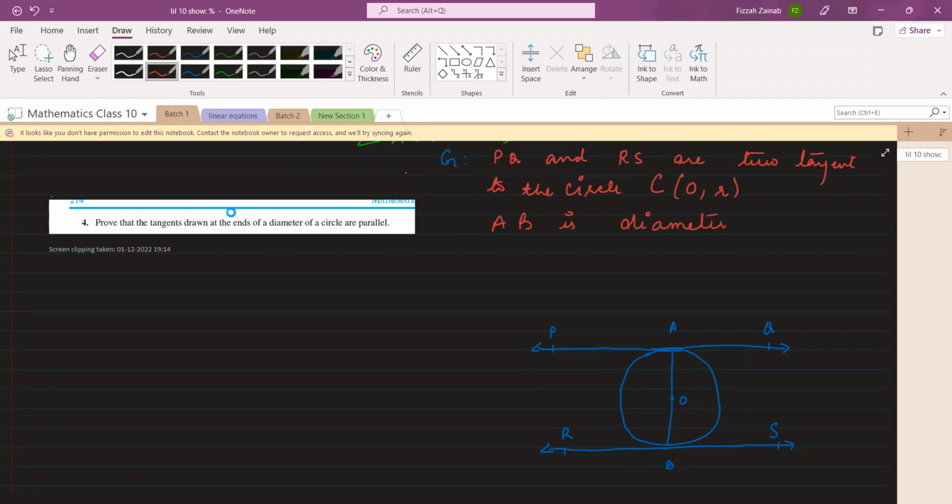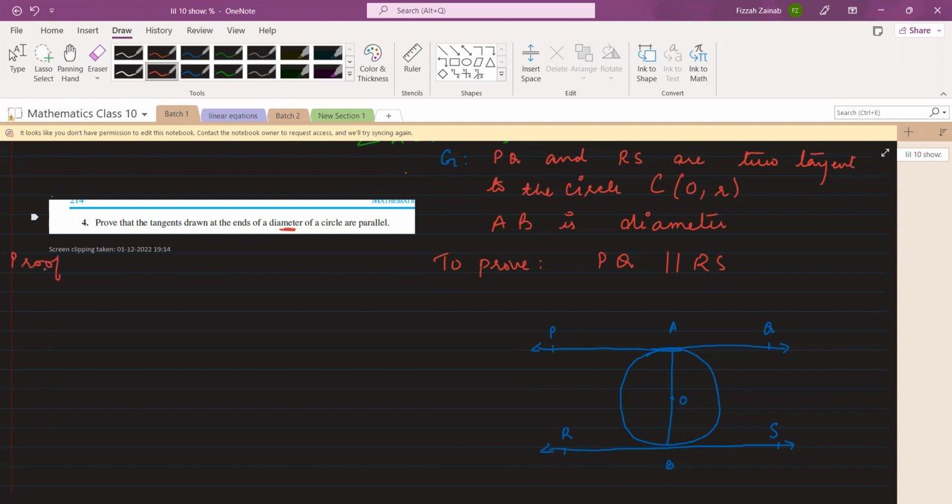So all these terms are used in the question, right? AB is a diameter, like that. Now to prove, you have to prove that PQ is parallel to RS. Okay, Martin?